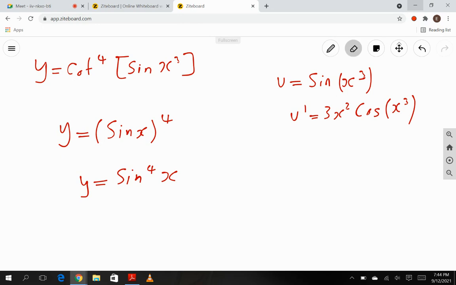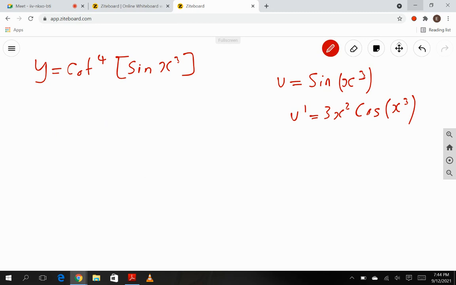So we know how we deal with the power. How do we deal with the power? Remember the power rule? The power rule says that, isn't it?